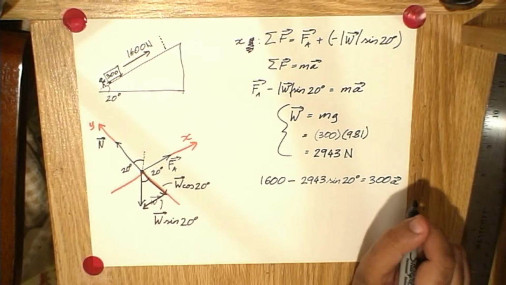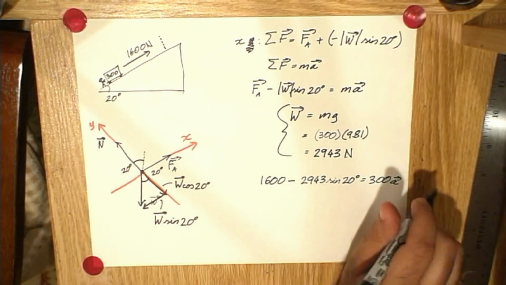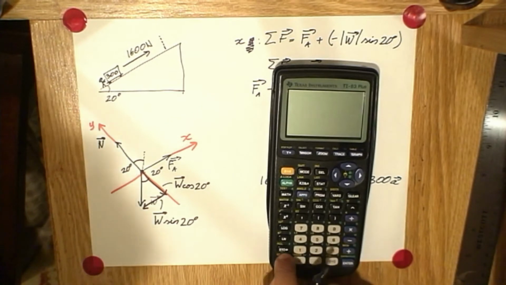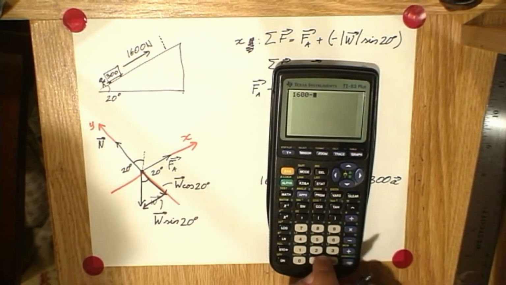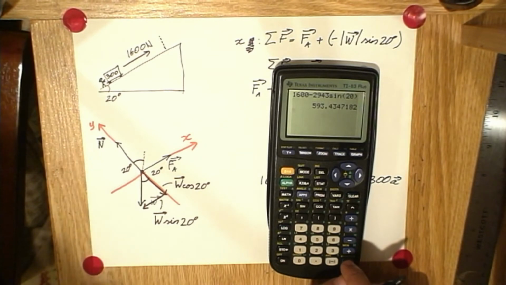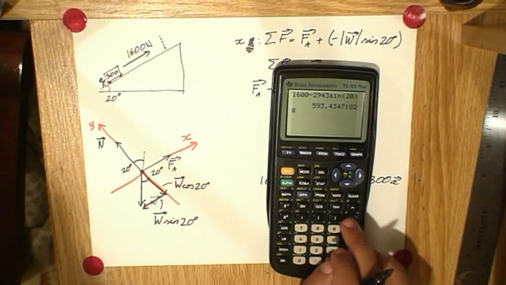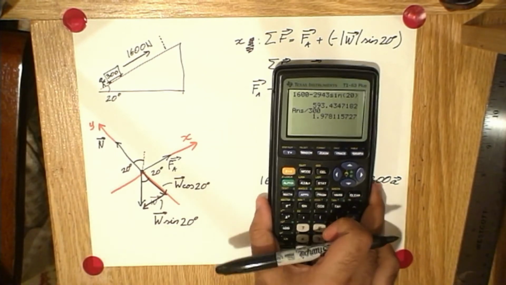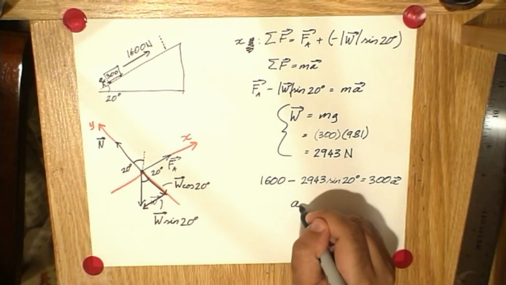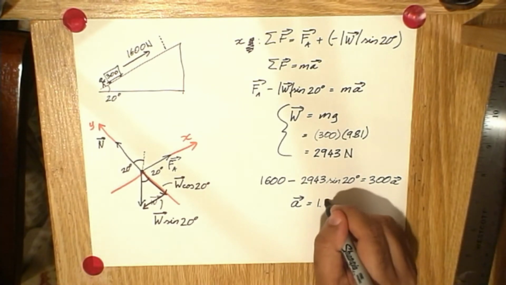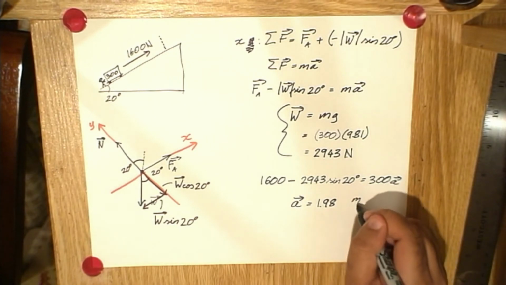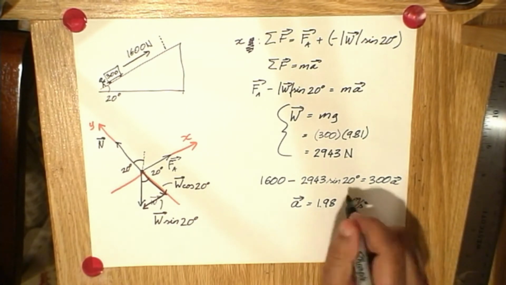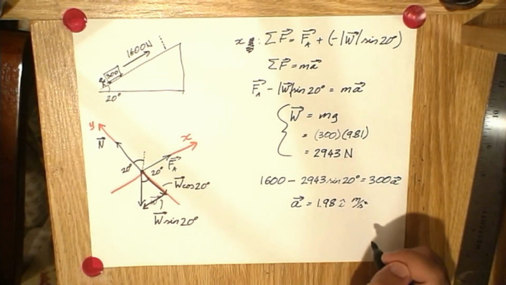So the acceleration becomes the only thing we don't know. 1,600 minus 2943 sine 20 degrees gives us 593.43. Now, if we take that and we divide that by the mass, we get 1.98. The acceleration is equal to 1.98 meters per second squared, and that would be an acceleration in the i direction.